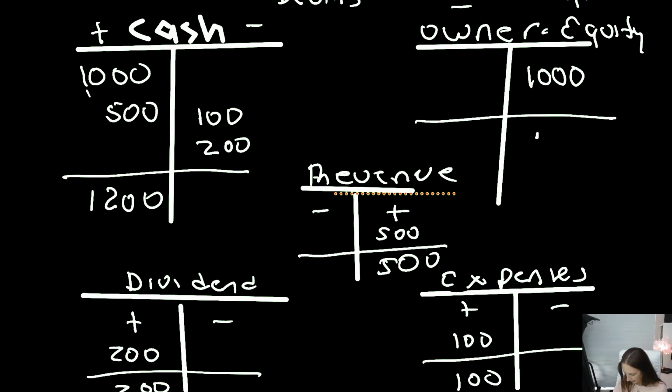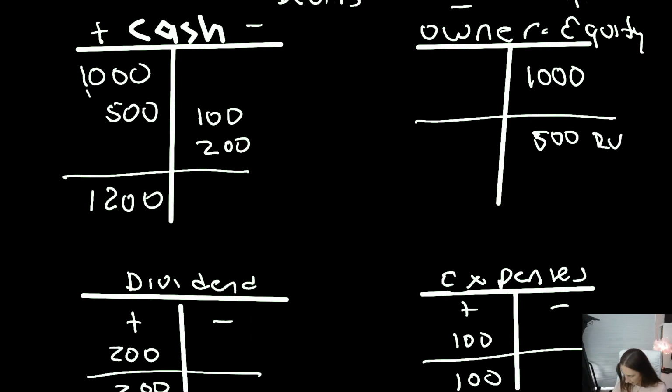So let's say it actually went up by the $500 revenue, and then it was decreased by $100 increase in expense, and it was further decreased by the $200 dividends that you declared. So here you can clearly see that although dividends and expenses are on the right-hand side of the accounting equation under owner's equity, they by themselves get increased by debits.